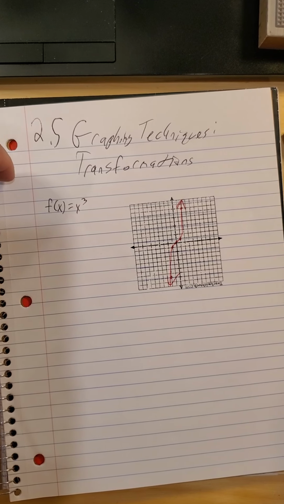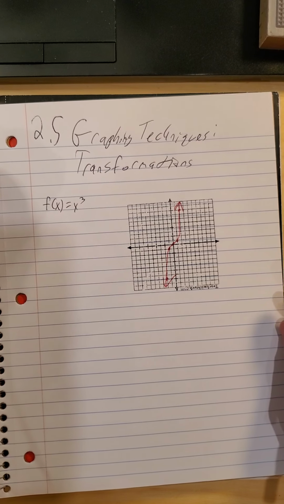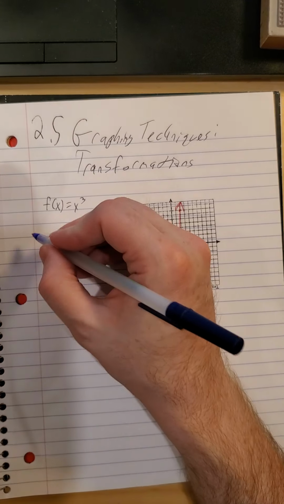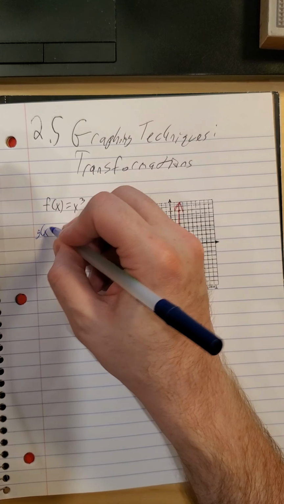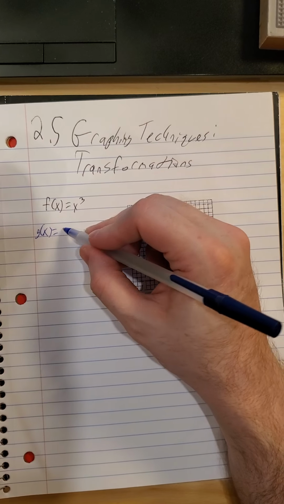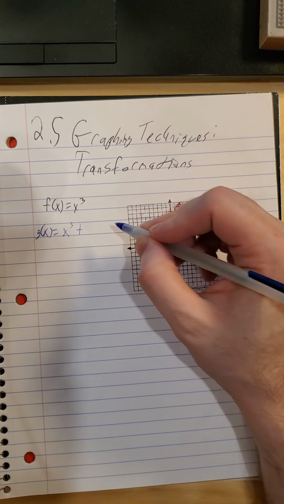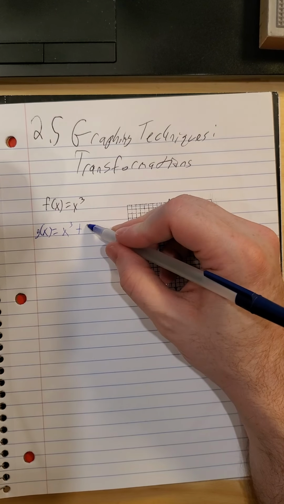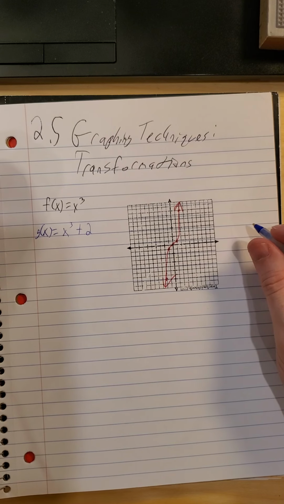So we have our function that we remember from section 2.4. G of x, we're going to take this previous graph of x cubed and we'll add, let's say, 2 to it.